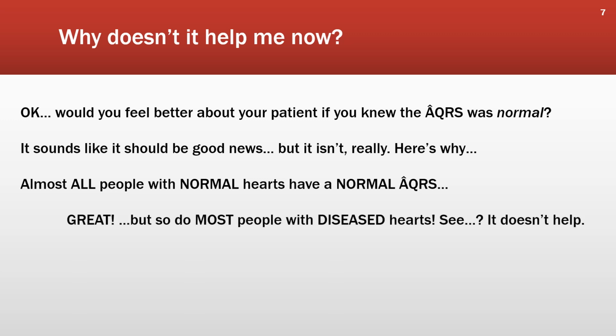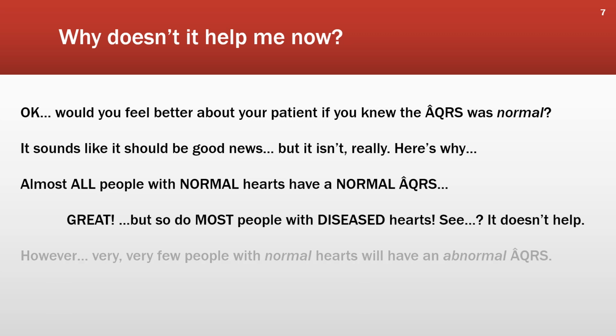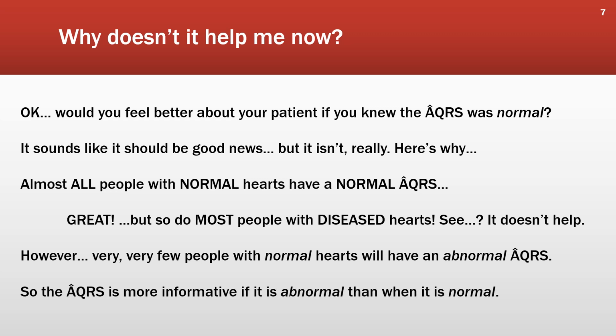That's great, but so do most people with diseased hearts. See, knowing that your patient has a normal mean QRS axis really doesn't help. However, very, very few people with normal hearts will have an abnormal mean QRS axis in the frontal plane. So the mean axis is more informative if it's abnormal than if it is normal.